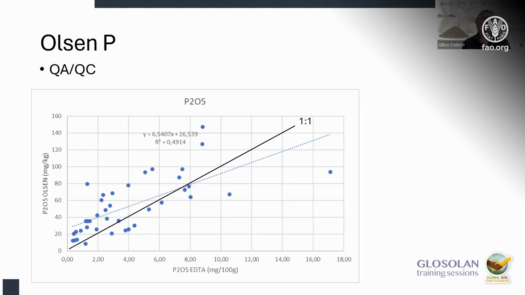It's because we work in a network with a laboratory that makes soil analysis for farmers. And a long time ago, the head of this unit made his thesis on phosphorus. So he knew a lot about the methods. At that time they were using another method, I think it was acetate lactate.